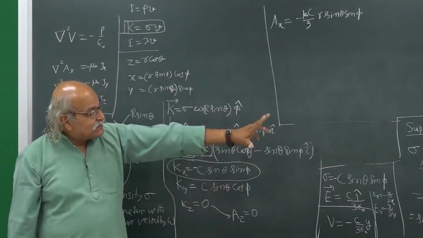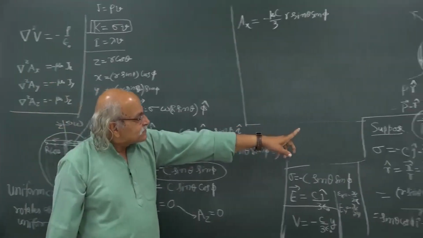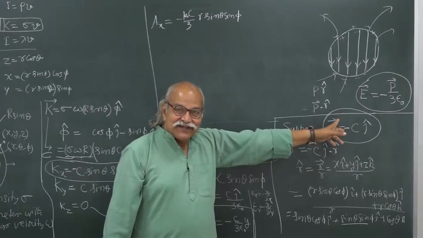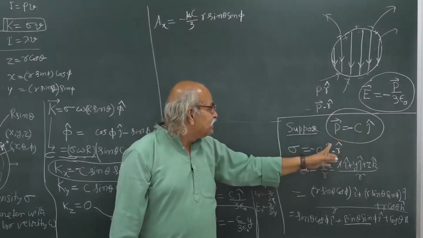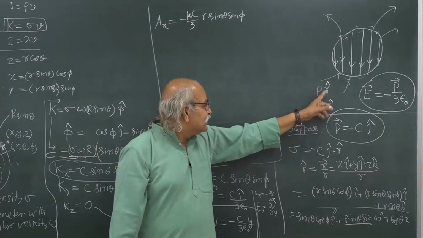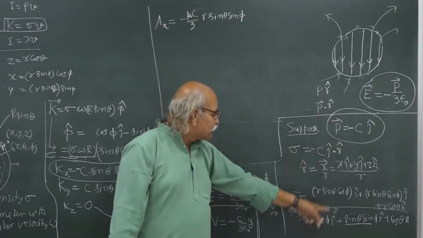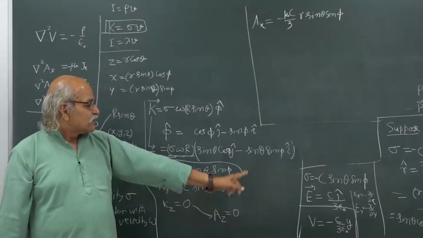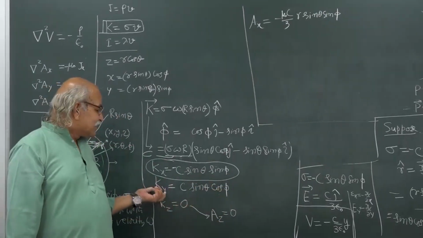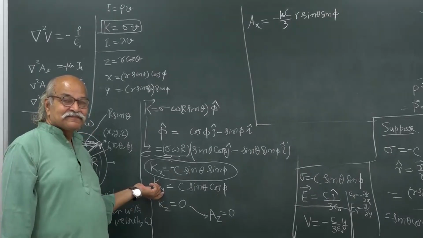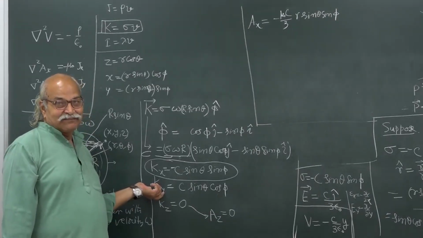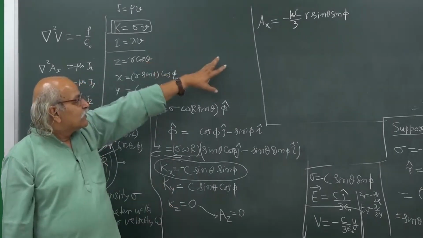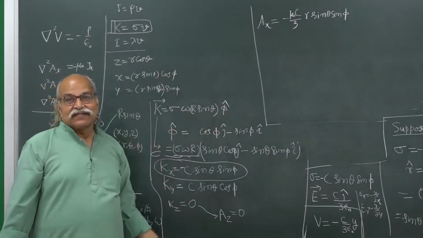So, we will manipulate our polarization vector in an appropriate way, so that this P dot n cap gives me this expression, and from there we will again write the potential, and that will give me the y component of the magnetic vector potential. Z component is already 0. Once we know x component, y component, z component, the vector potential is obtained.